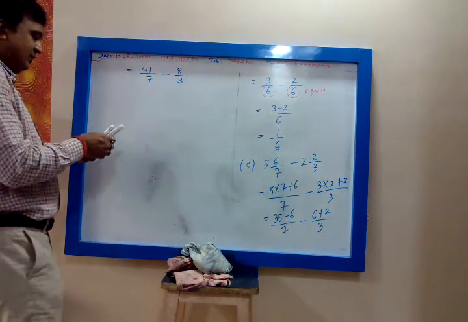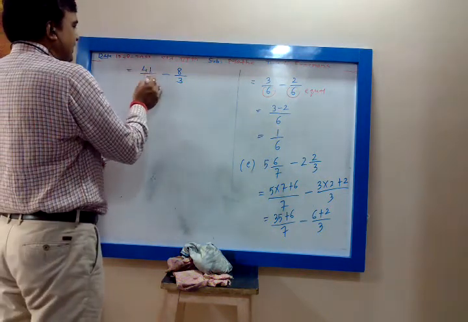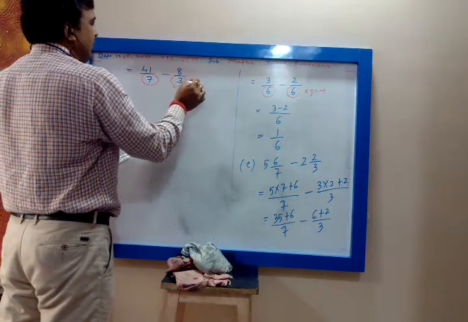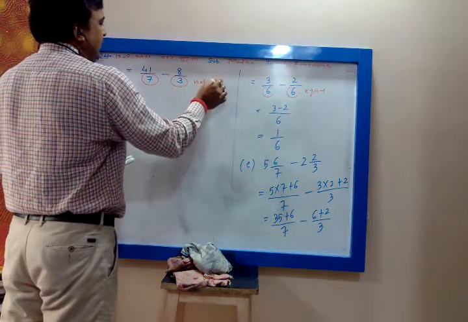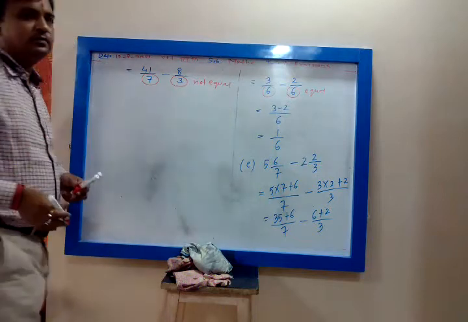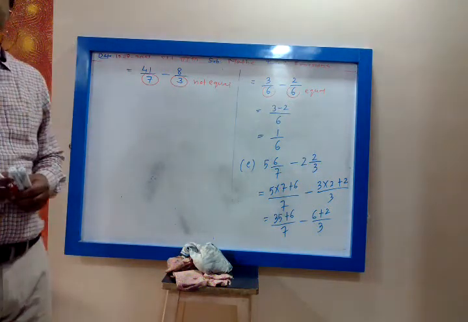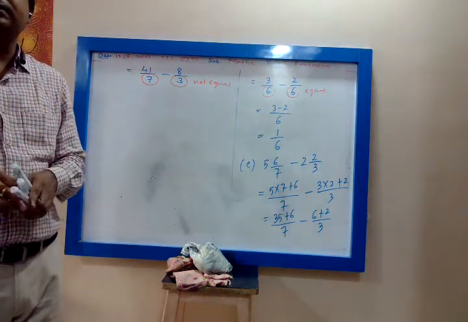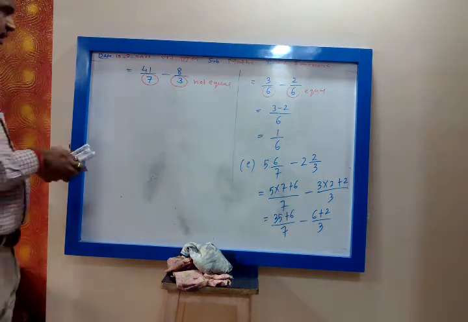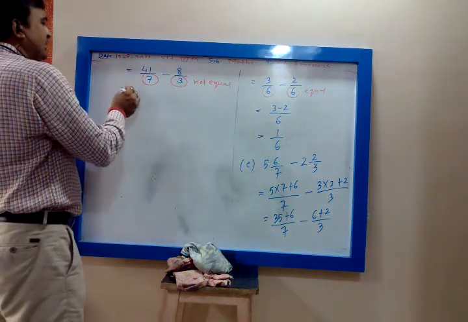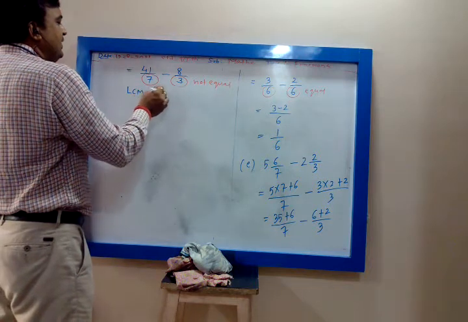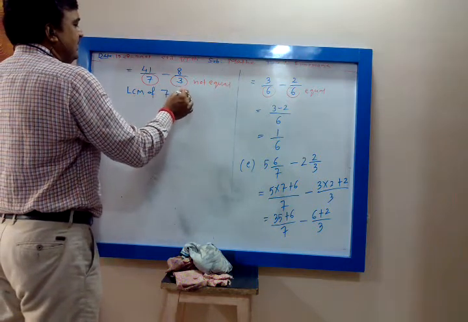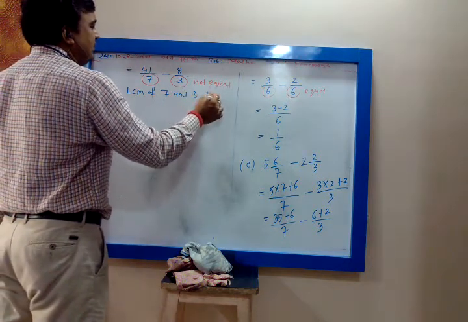Now are the denominators equal or not equal? This is 7. This is 3. Not equal. So when denominators are not equal, what will you do? How will you make the denominators equal, my dear? Take the LCM of the denominators. LCM of 7 and 3 is 21.